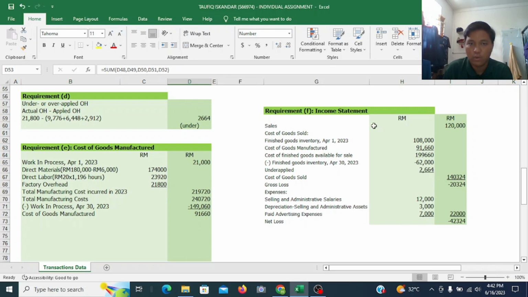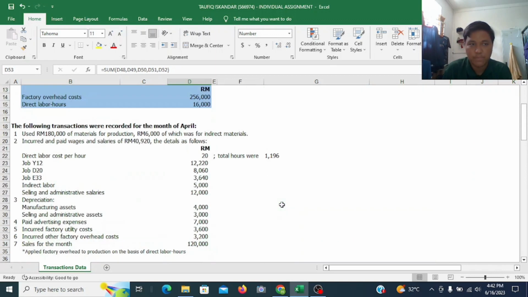Then we minus cost of goods sold from sales, and we get a gross loss of 20,324.